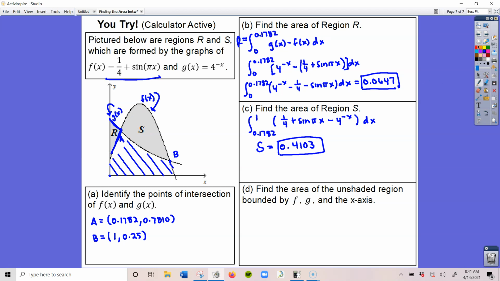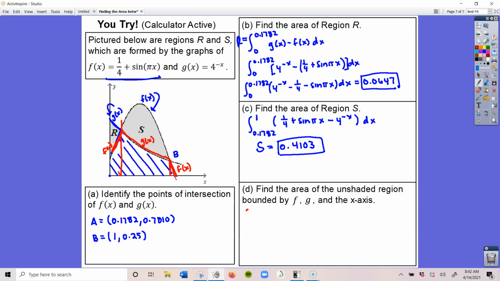So in order to find that area, we need to know all of those different areas beneath the curve. So we see here that this is f of x. Then this here, this is g of x. And then in this little part here, don't let it trick you, this is f of x. So we have 3 different integrals that we would need to set up.